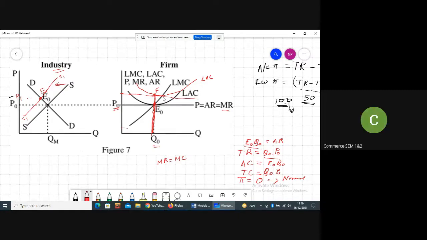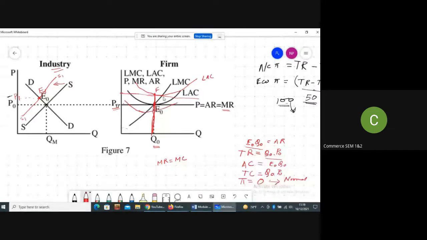Now what will happen if the LAC curve were like this? Now, when we are drawing this LAC curve, you must always remember that the LMC curve must intersect the average cost curve at the minimum point of the LAC curve.